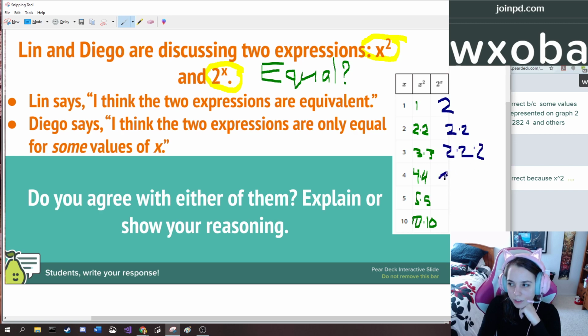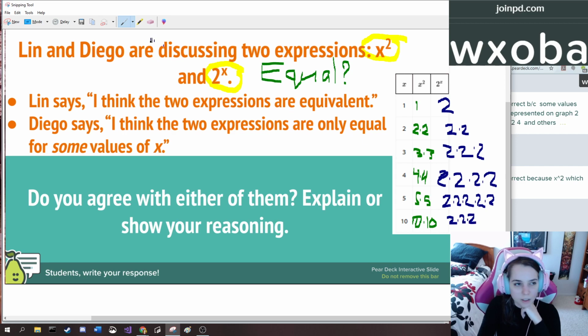Okay, this one has 4 2's. This has 5 2's. And then this one has 10 2's, which I'm not going to write all of them because that's too many 2's.